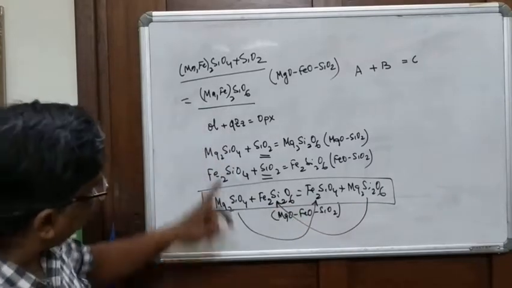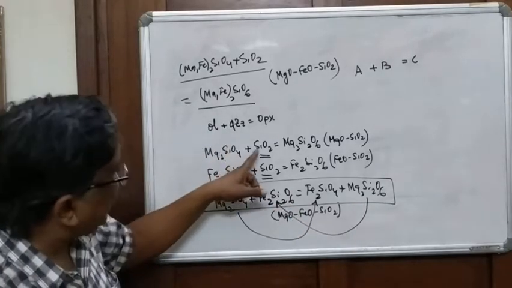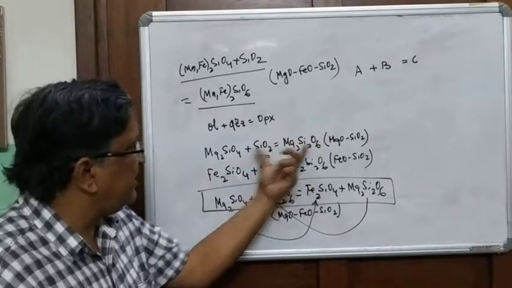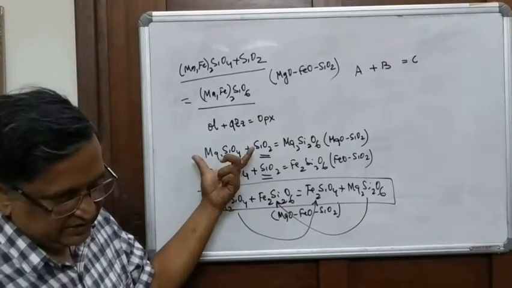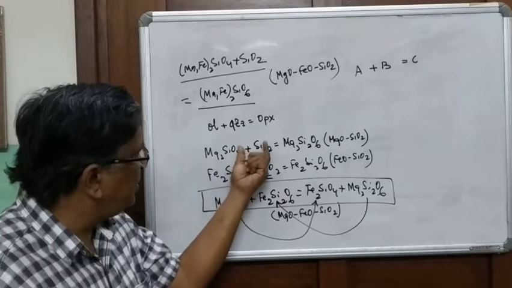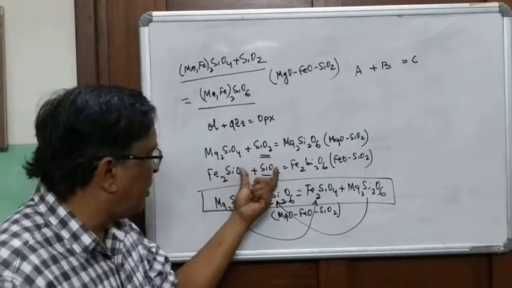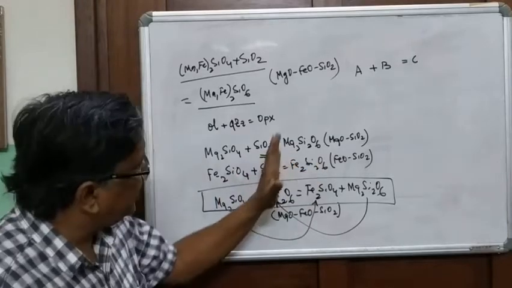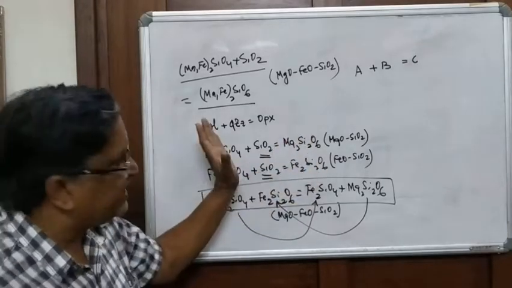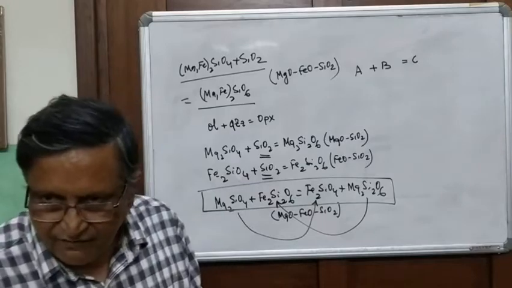The important point here is, in these reactions, the product is different from the reactant. Here you have orthopyroxene, quartz, olivine. So the product and the reactant do not have the same phase.